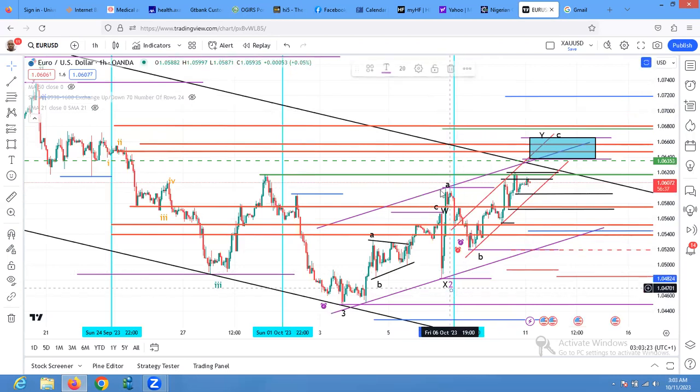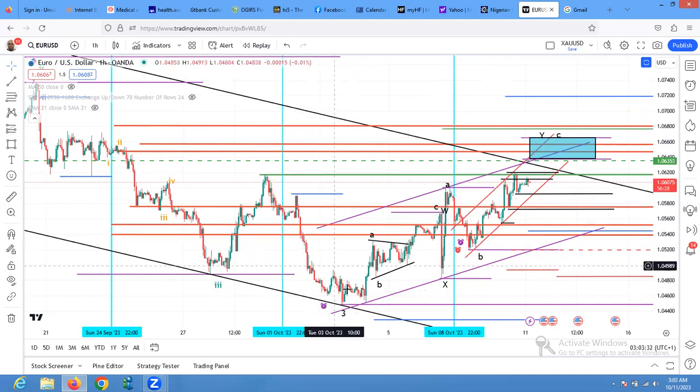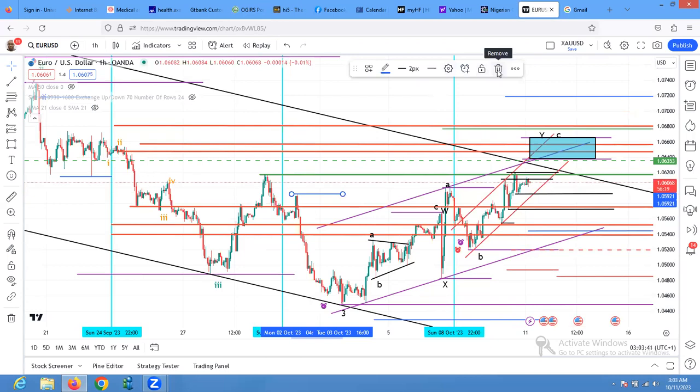I don't see that we are ready to do a big wave to the upside. It's highly corrective. We had this thrust down, which is 5 thrust down in a flash, and we are done.